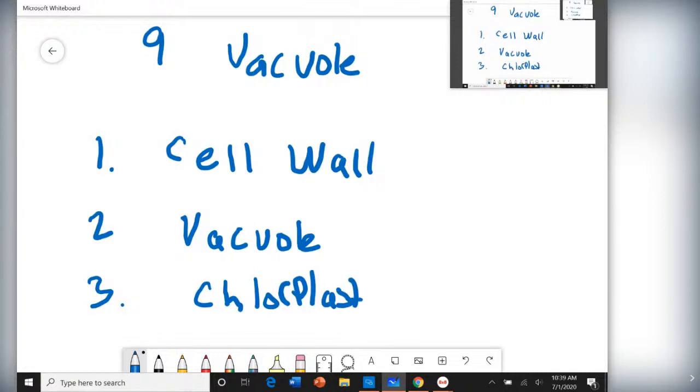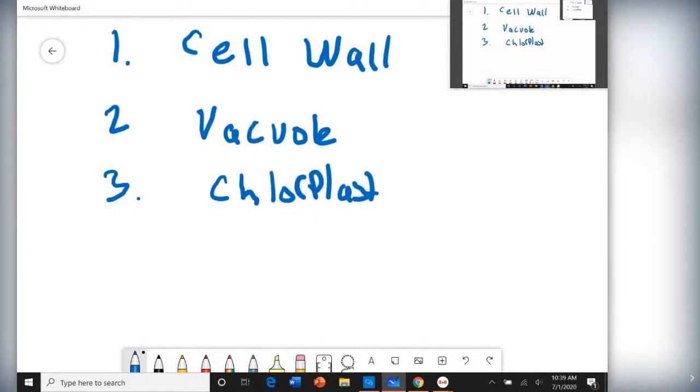Okay. Number 4. This is the structure that moves material through the cell. And that's going to be the endoplasmic reticulum.